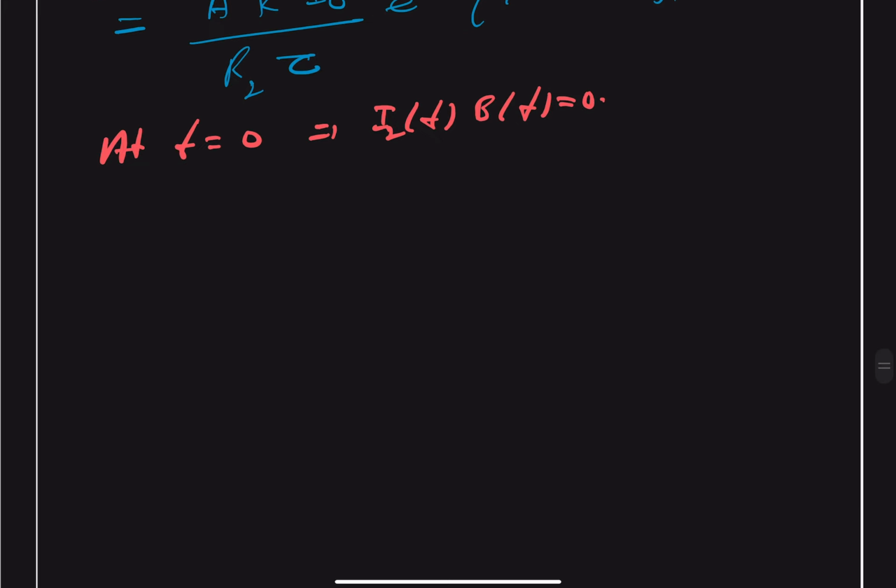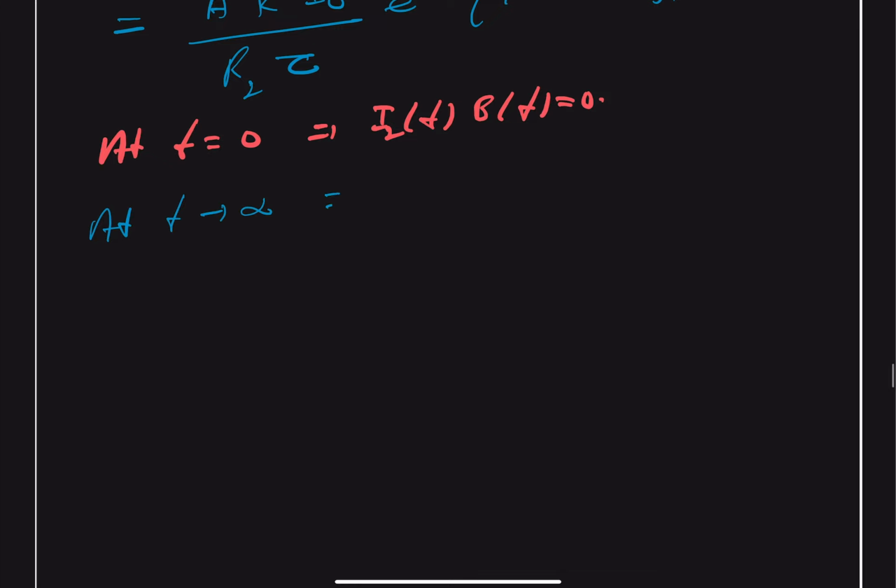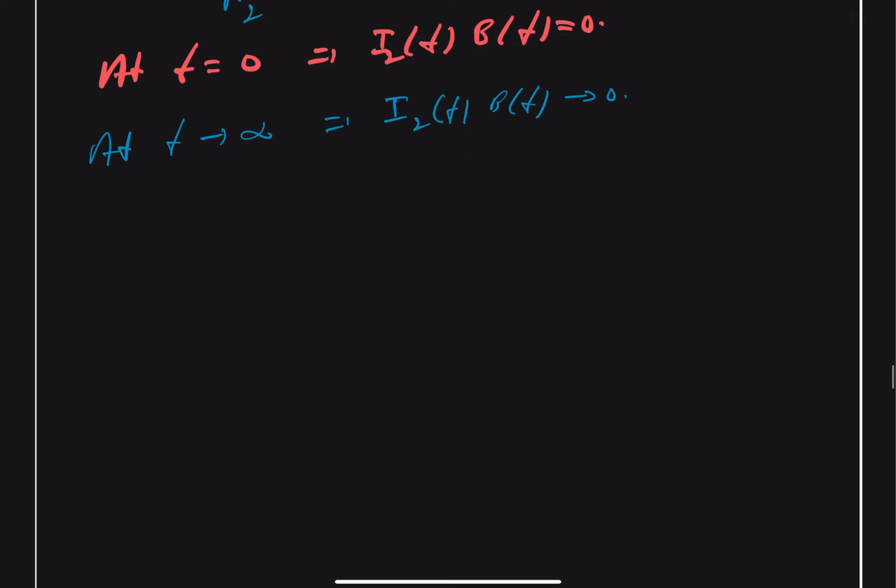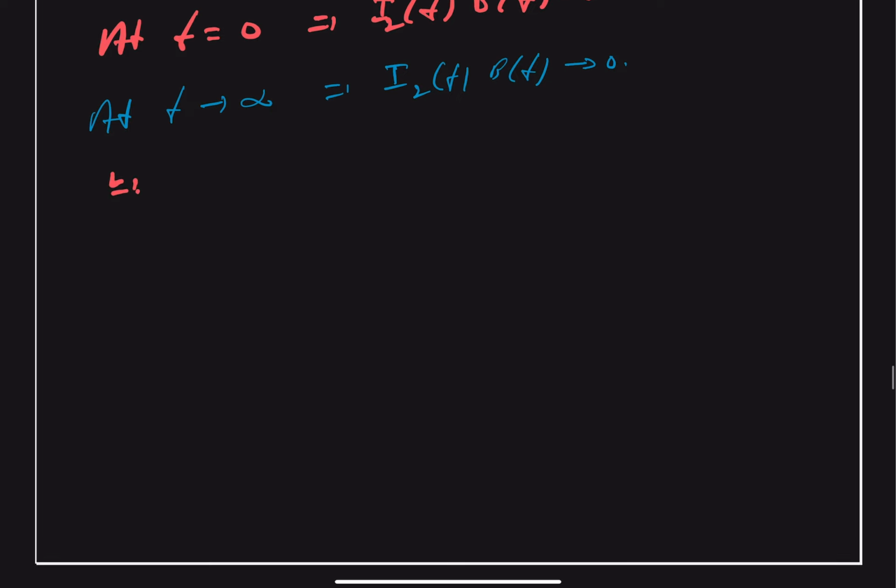And second, we can write that as t tends to infinity, this function also approaches 0. So it means it is going to reach a maximum value at some intermediate time. So from here we can say it reaches a maximum at some intermediate time.